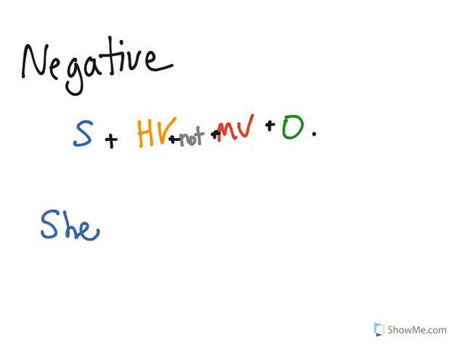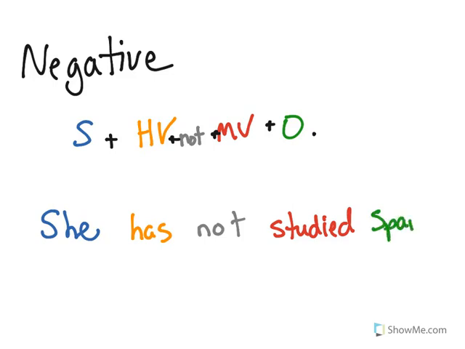So she, and then I would say she has not. And you could say she has not studied Spanish. Okay. She has not studied Spanish. Subject, helping verb not, main verb, and then my object there.